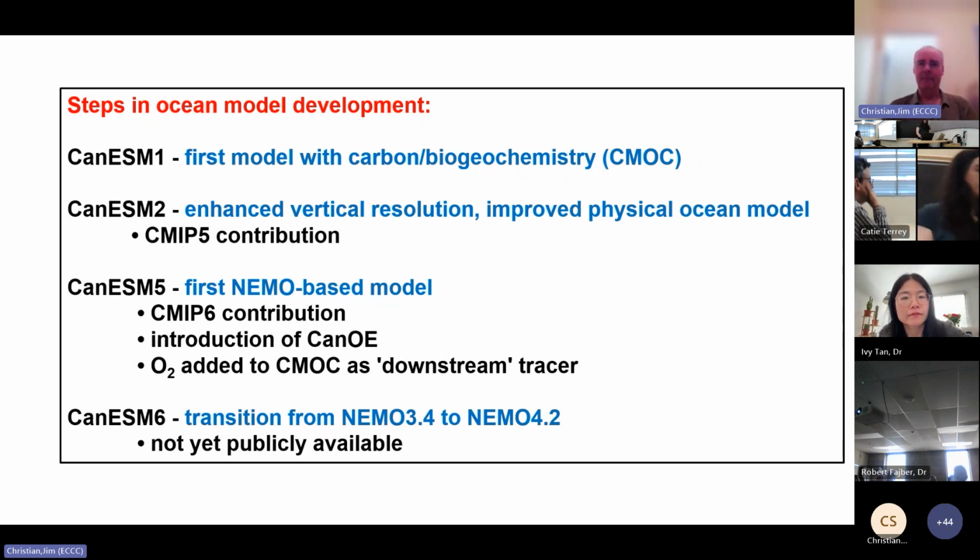And then CanESM 2 basically had the same ocean biogeochemistry model, but a significantly improved physical ocean model, which had greater vertical and horizontal resolution, and a bunch of new parameterizations like KPP mixed layer physics and things like that. And it was Bill Merrifield who was the main person responsible for implementing that.